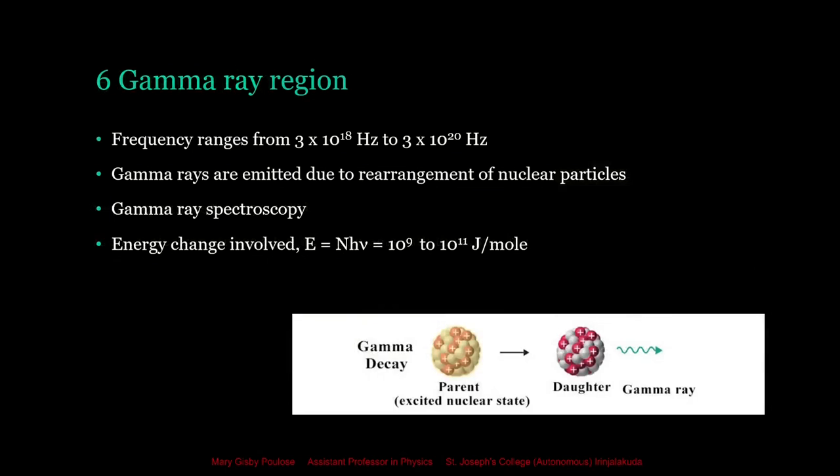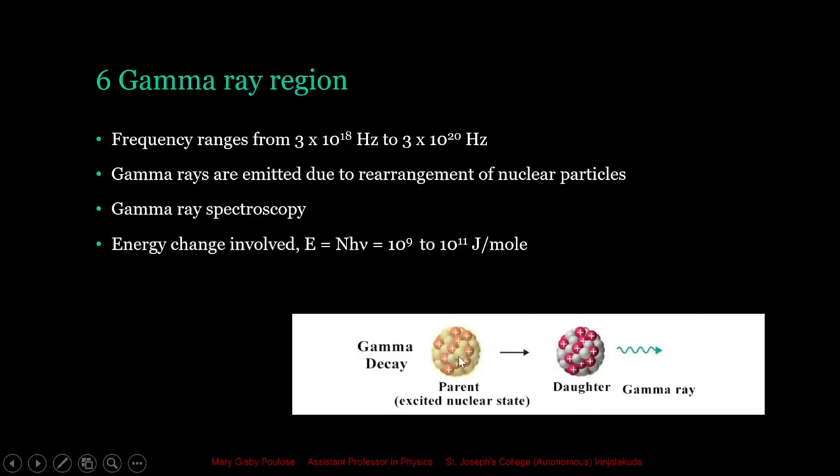Now the next and the last region of the electromagnetic spectrum is the gamma ray region. Here the frequency ranges from 3 × 10^18 Hertz to 3 × 10^20 Hertz. The gamma rays here are emitted due to rearrangement of nuclear particles. That is, if the parent molecule or parent atom is excited, its nuclear state is also getting excited.